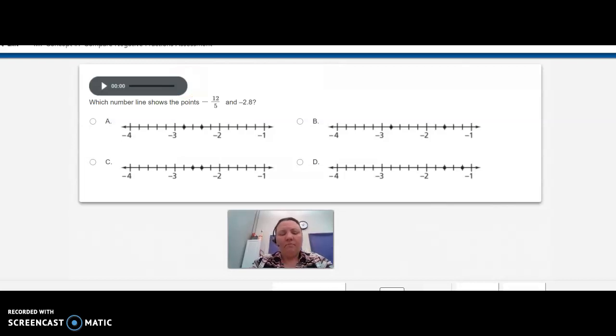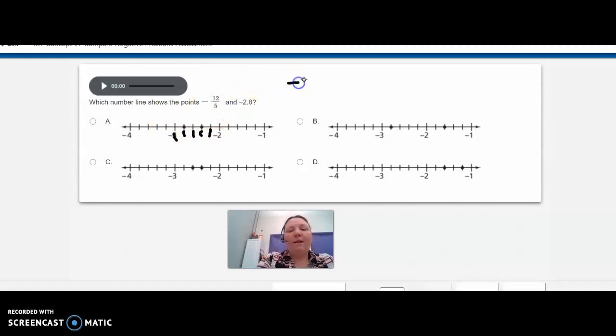All right. In example 2, question 2 from our Concept 7 assessment, it asks us to graph 2 different points. So again, we'll notice that our fraction is broken up differently. Between -2 and -3, I have 1, 2, 3, 4, 5 lines, which means I'm looking at fifths.